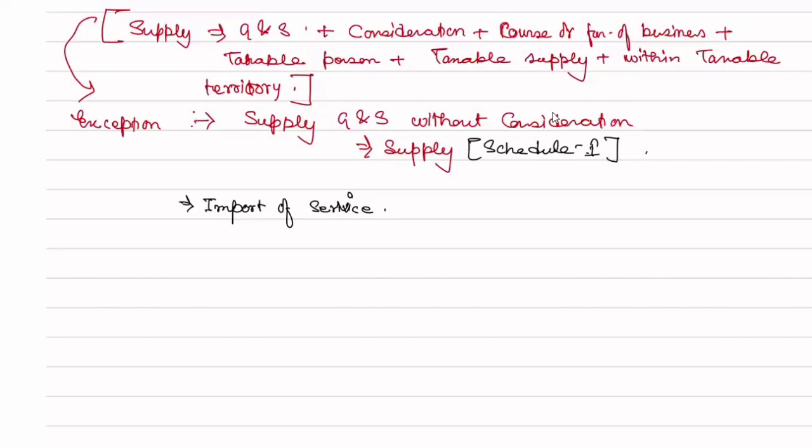Correct. So it is the import of service. And we read here as well that goods and service for consideration in the course of furtherance of business is what will constitute a supply.